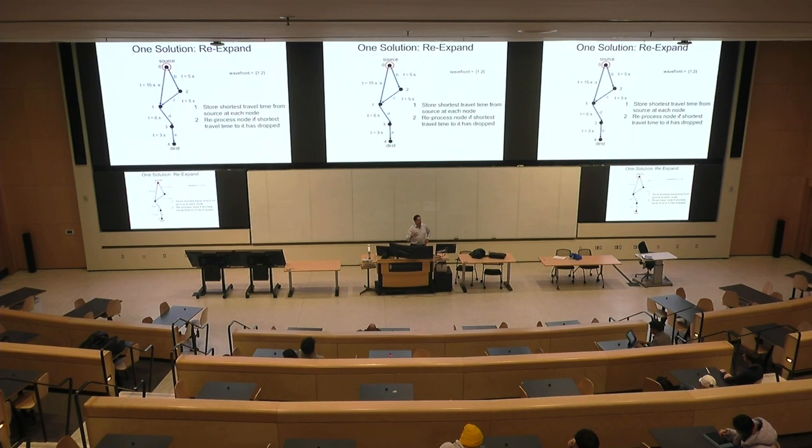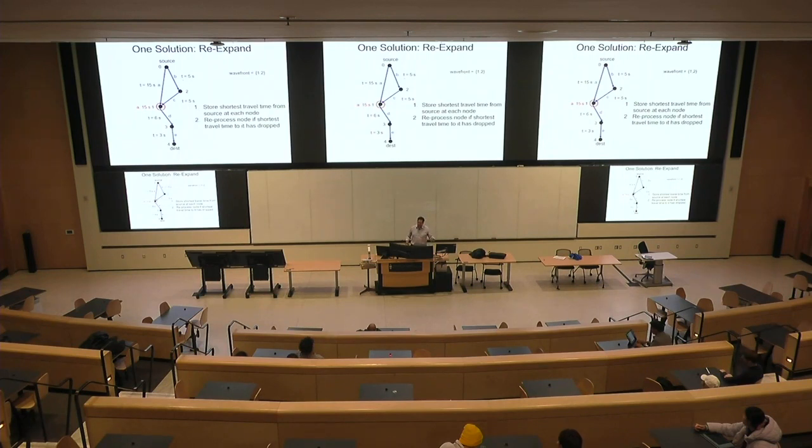Remember, there's this big while loop that I'm going to show you again in a minute, but it basically says take the next thing out of the wavefront. So that's going to be this, node 1. Okay, so we're going to take node 1 out of the wavefront. Now we're looking at it, and we've got to keep track of what the best path is we've ever seen to a node. So we look at node 1. We've initialized your best time that I've ever had to reach you to some big number.